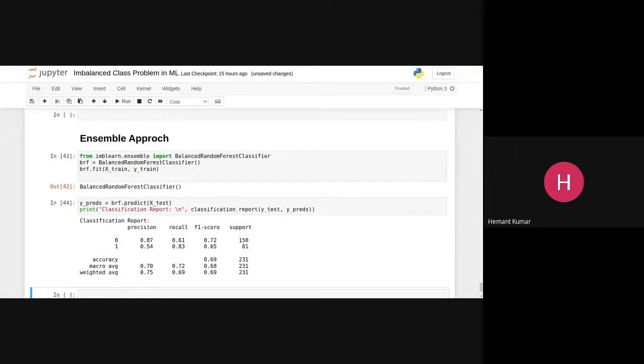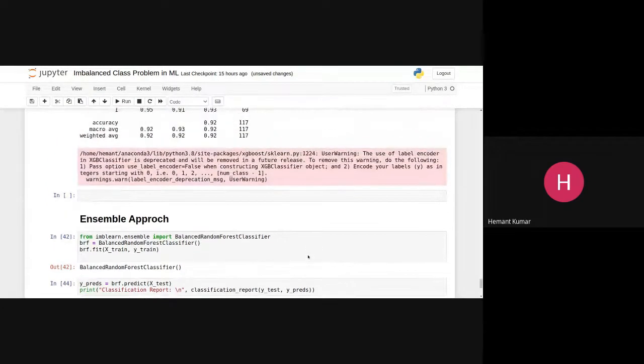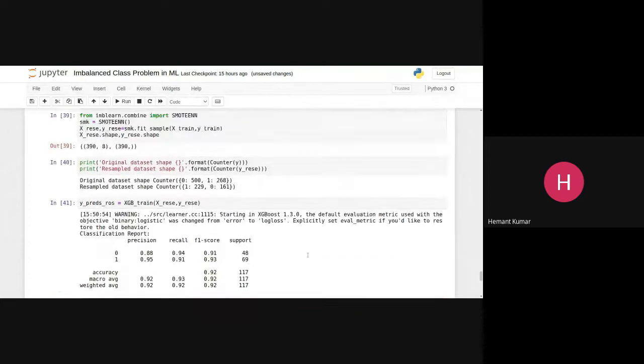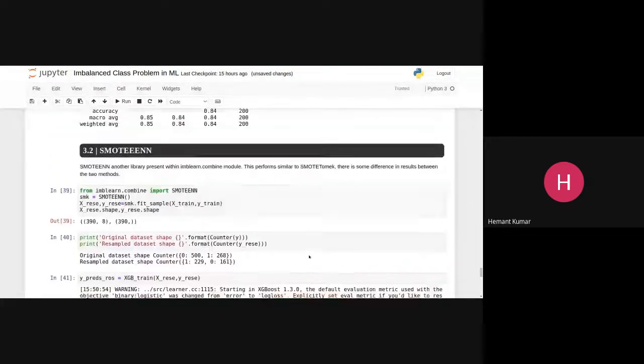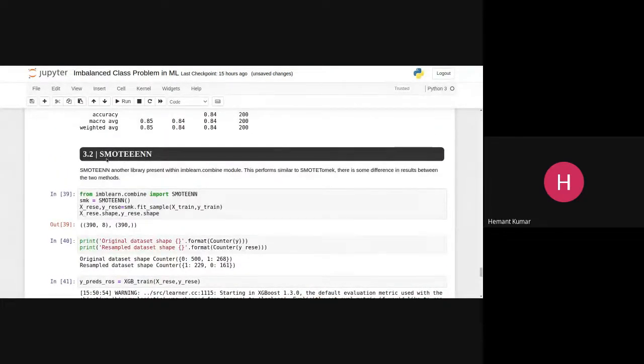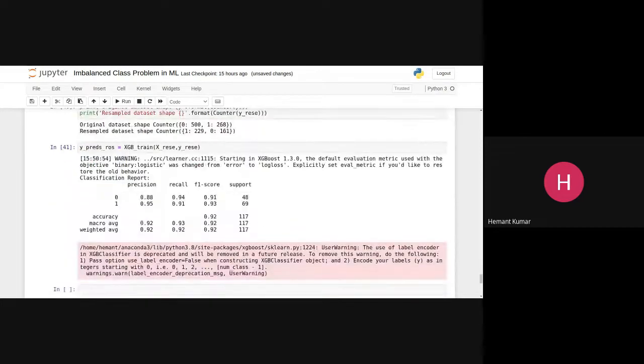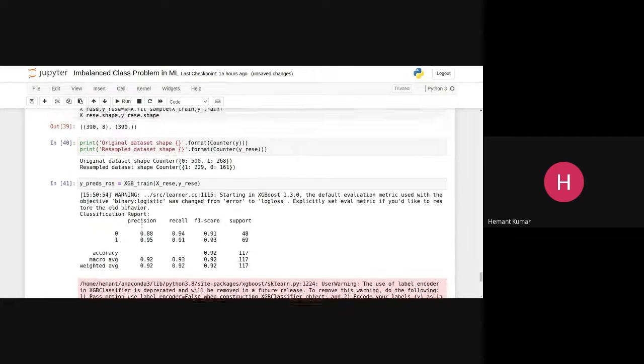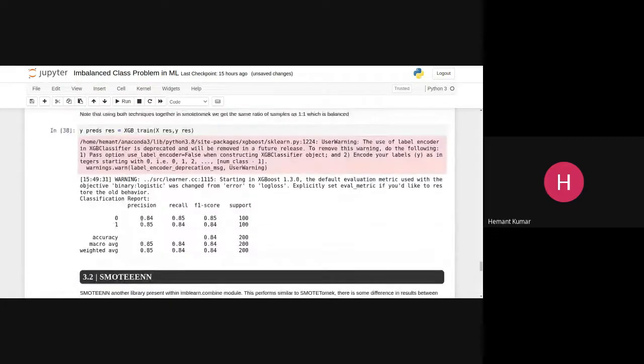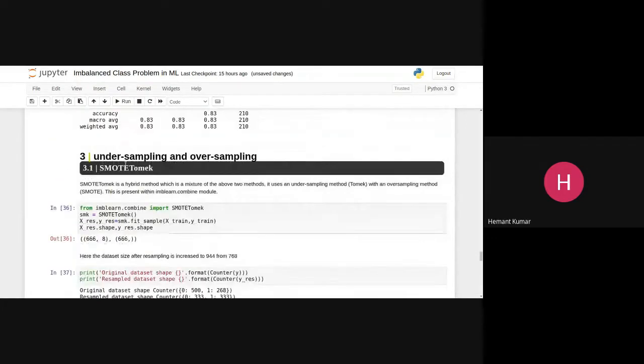Mostly this is used, but in my scenario I am using SMOTE-ENN most of the time, because it improves precision, recall, and F1 score. Secondarily, I am using SMOTE-Tomek. The important thing is that these algorithms depend on the particular kind of data.